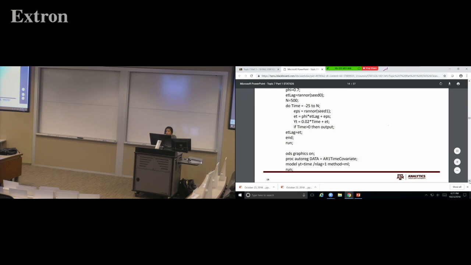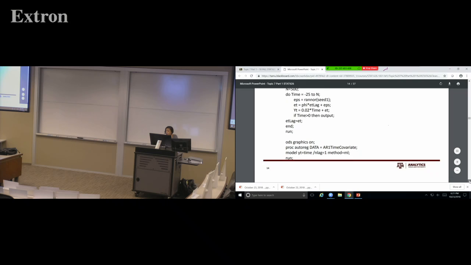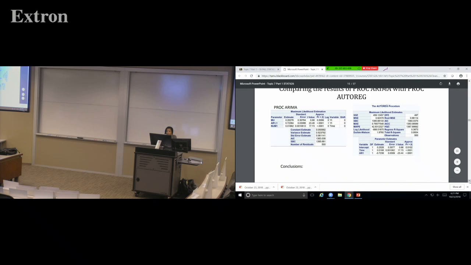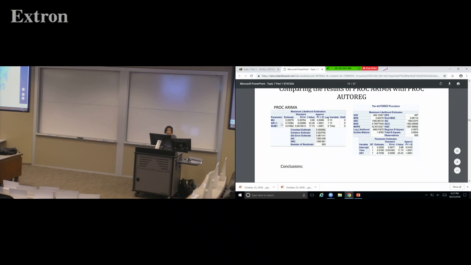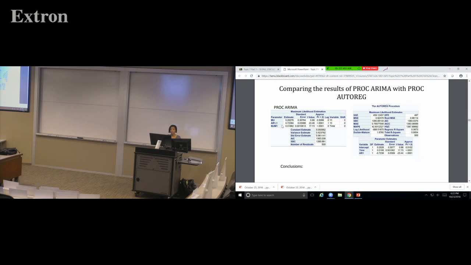Okay. So comparing the results from Proc Arima with autocorrelated errors to PROC AUTOREG with autocorrelated errors, we're able to see that the AICs and the SBCs match perfectly. The parameter estimates also correspond, and the parameter estimates we're interested in are phi for our autoregressive errors and beta 1, the coefficient for time.